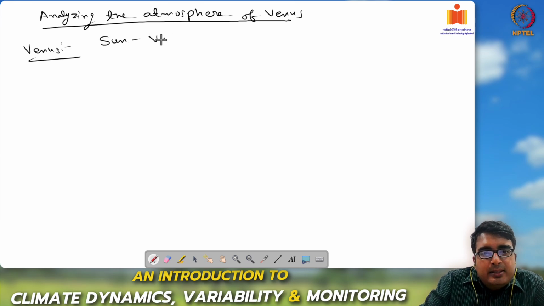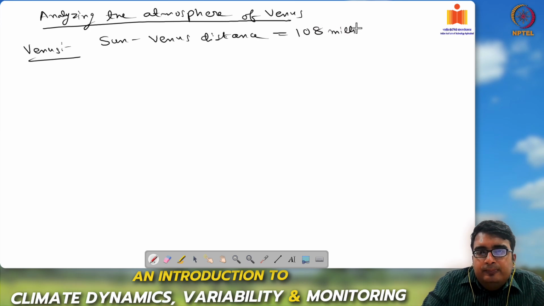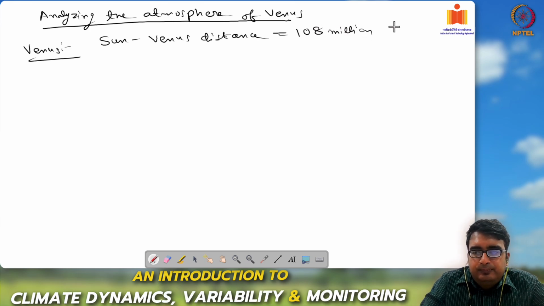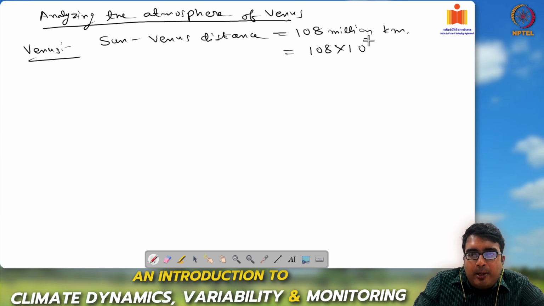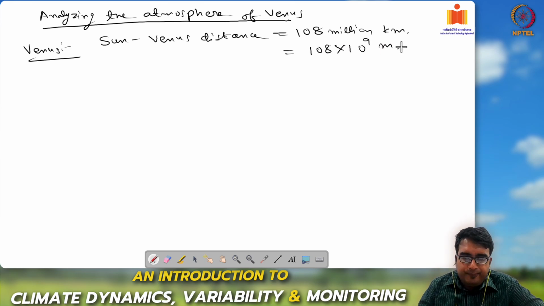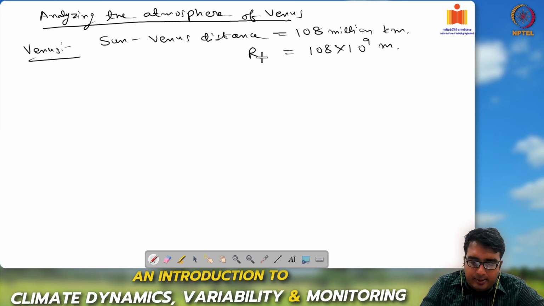Sun to Venus distance is equal to 108 million kilometers. Okay. So this is basically 108 × 10^9 meters. Okay. Let's call this distance as capital R.